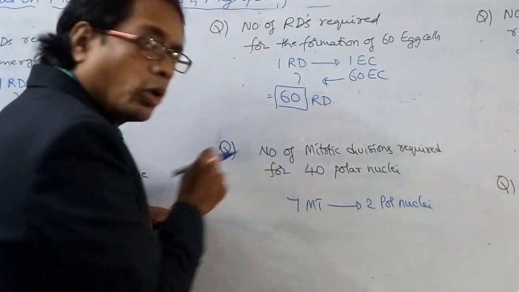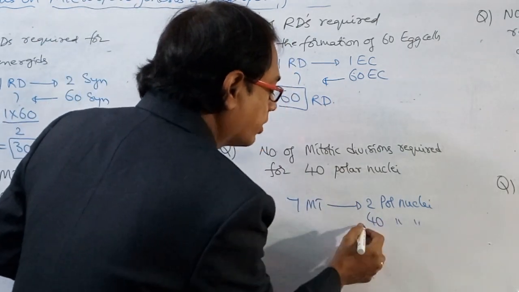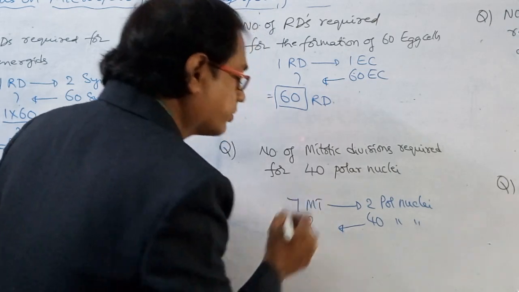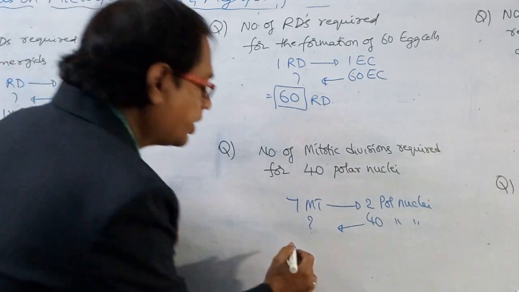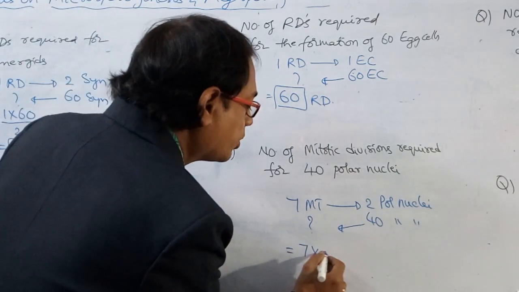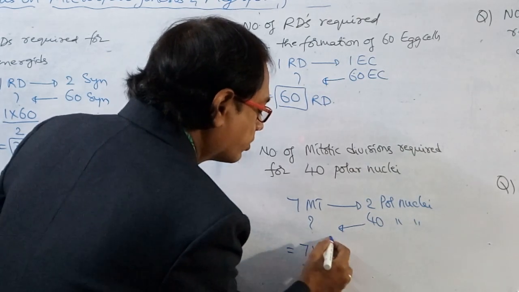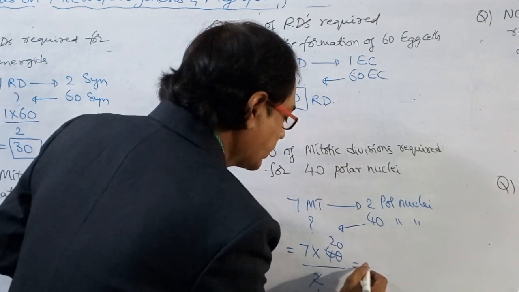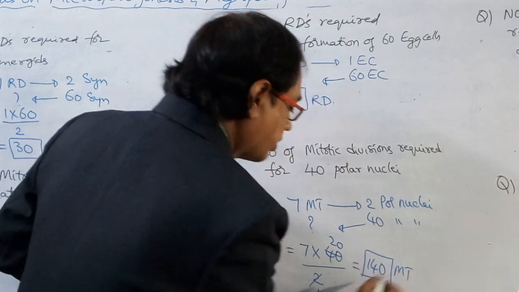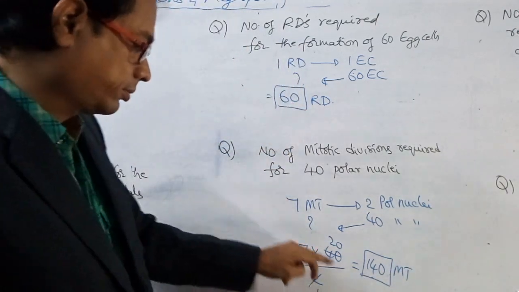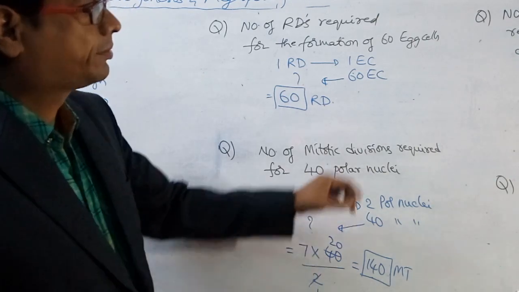And here, how many polar nuclei are given? 40 polar nuclei are given. How many mitosis they are asking? So that is 7 into 40 divided by 2. 2 ones are 2, 2 20s are 40. That is equal to 140 mitosis. Okay? Do you understand? Okay.